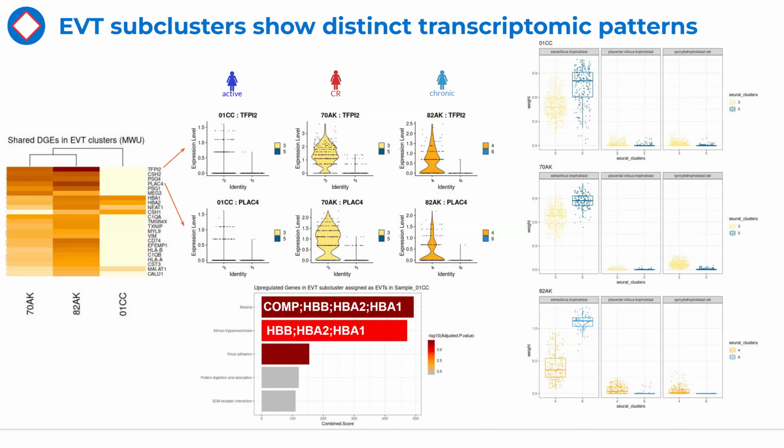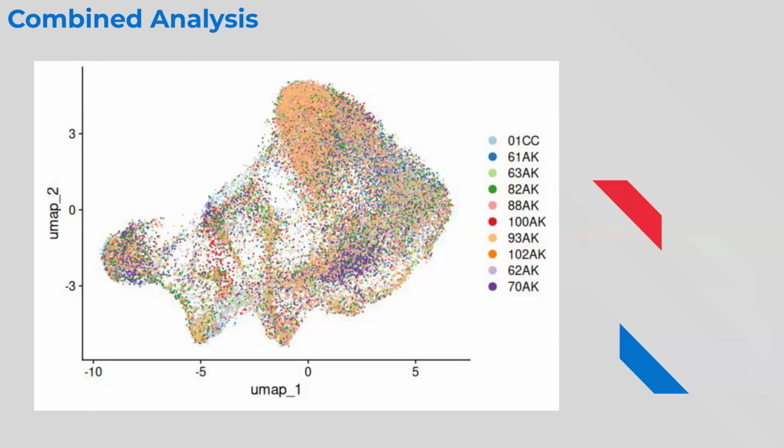So that is the cluster that is a bit more like endothelial cells, but it cannot be really explained by this being a mix of endothelial cells and EVTs. And additionally, we have some signal that might come from actually being infected, which might also make sense because we have two infected here and one that we labeled as uninfected, but was actually previously infected. So this is one of the interesting findings that we had.